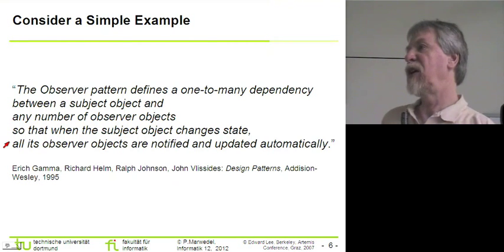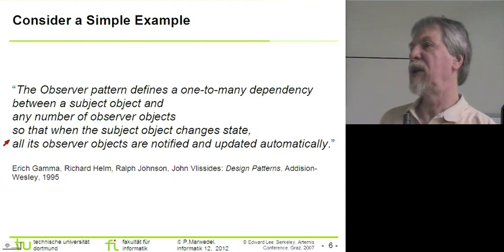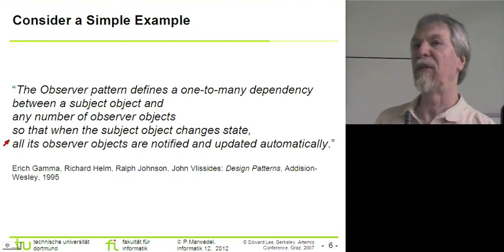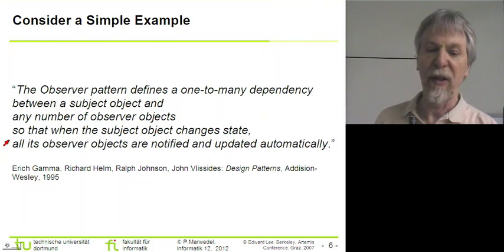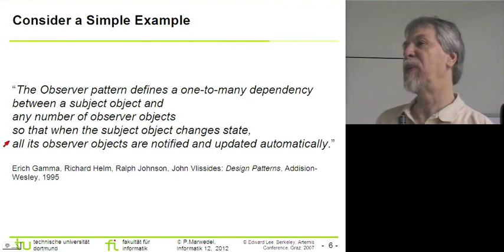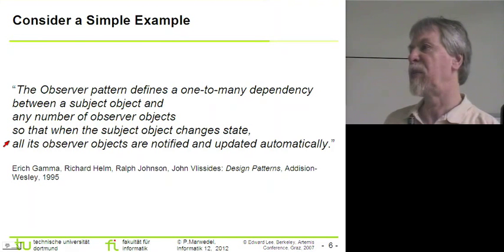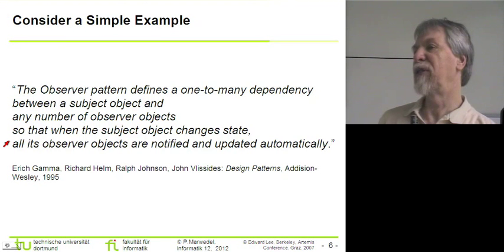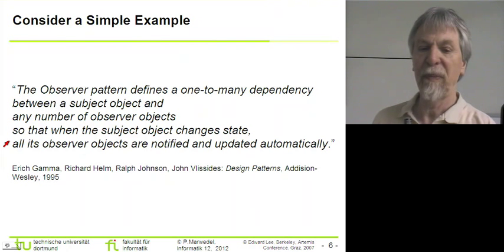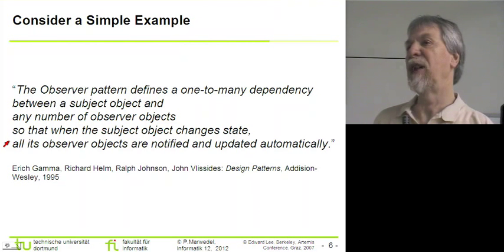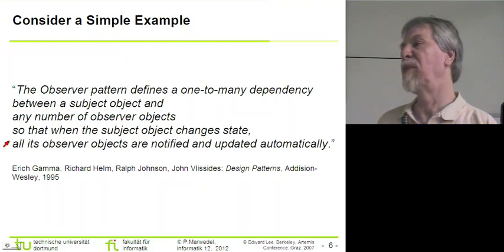So that's a situation that we need very frequently in a cyber-physical or embedded system. So we might think of the subject object being some kind of sensor or some processor that is providing somehow processed values from a sensor. And these values might then need to be propagated to some observers.